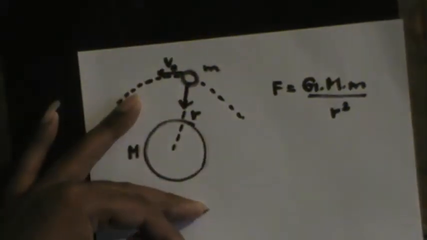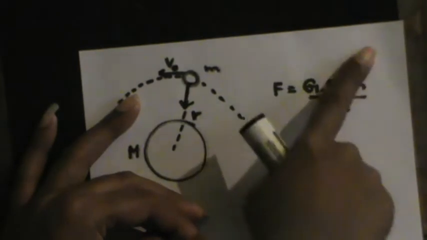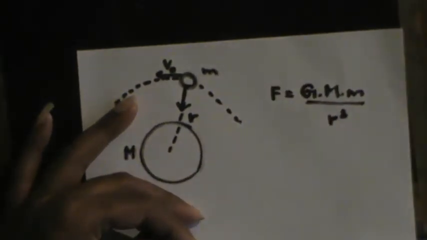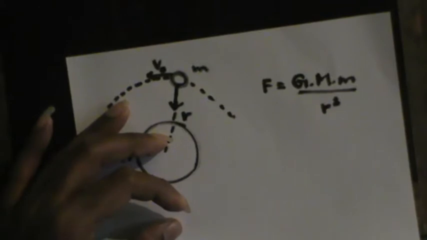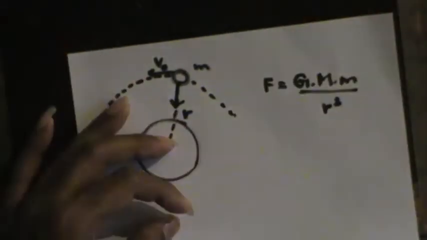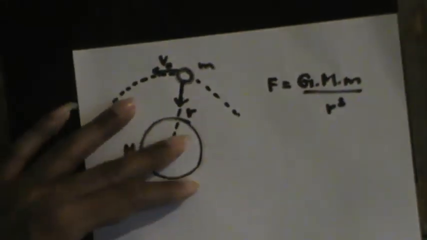For the satellite to move around the earth, the force of attraction due to the earth's gravitational field should be cancelled out by an equal force, opposite in direction, from Newton's third law. So some other force should be acting to cancel it.